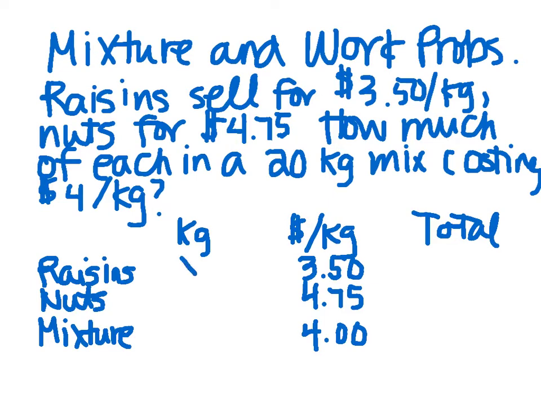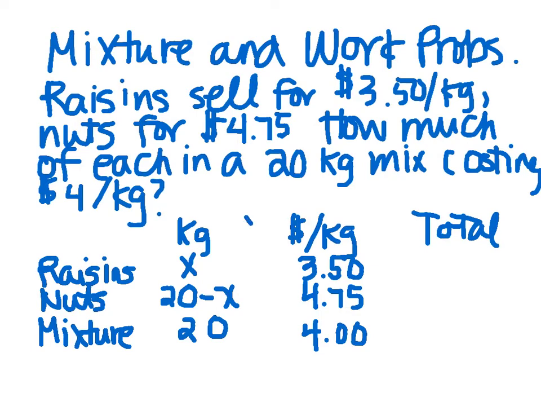We also, when we're talking about how many we have, we know we want a total of 20 kilograms. So if I call raisins x, I hope you remember that nuts needs to be 20, the total, minus x, the part that is raisins. It's everything that's left, 20 minus x. And we know that the mixture is 20.